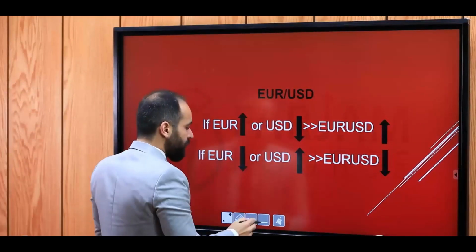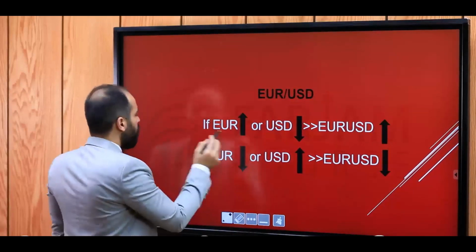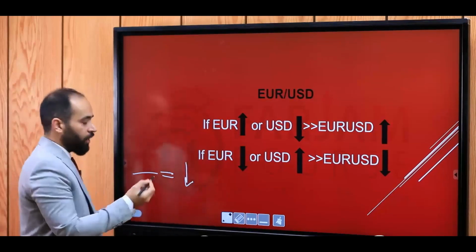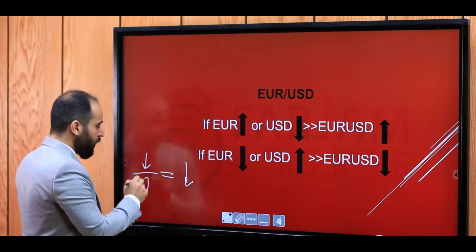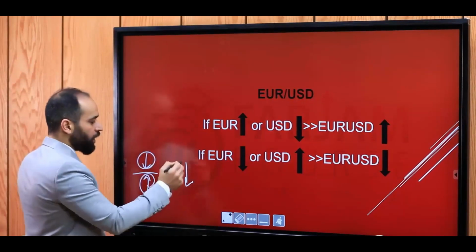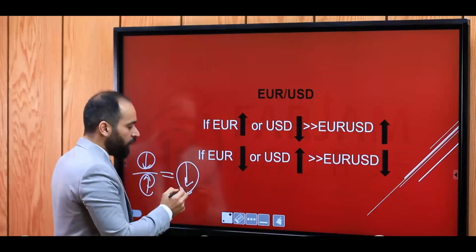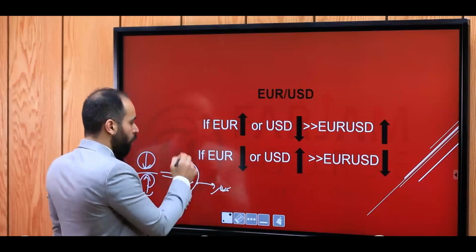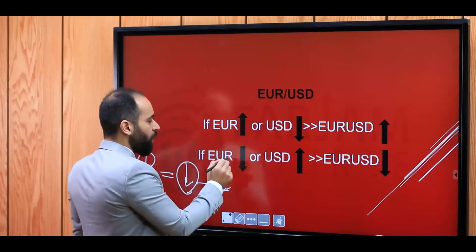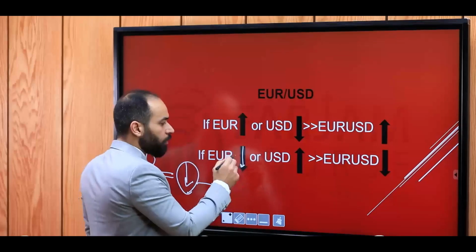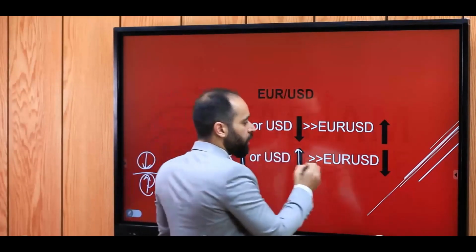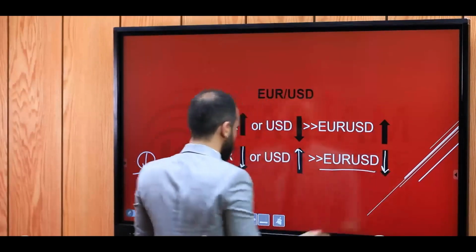The result becomes smaller very easily: either the numerator has to get smaller or the denominator has to get bigger. In these two cases, the result gets smaller. We said this result is the trend that our chart is going to follow, whether it goes up or down. Now let's write: if the euro gets smaller or the dollar gets bigger, that means the euro loses strength, and the euro to dollar chart will drop.